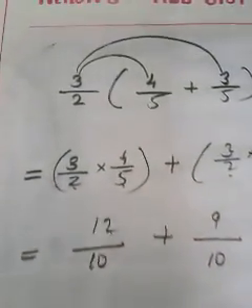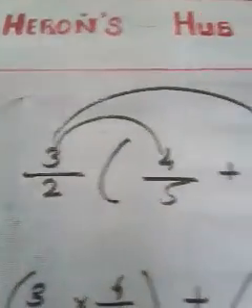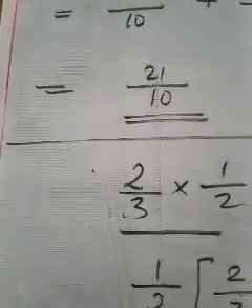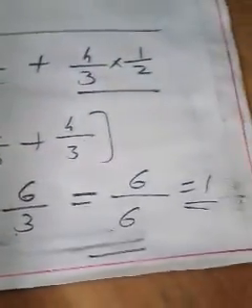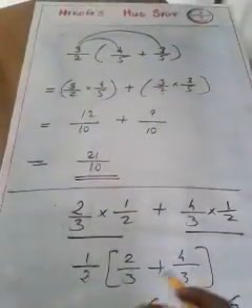Do not get confused between this type of question and this type of question. If you meet this type of question, this is the way of solving. If you meet this type of question, this is the way of solving, and both apply the distributivity property. Through this video we have discussed the distributivity property, and you cannot consider distributivity a very simple task like closure or commutativity.